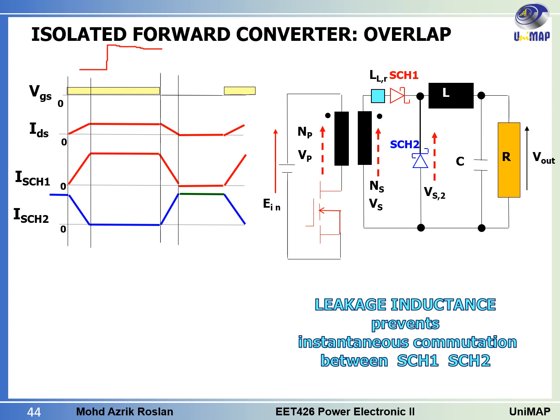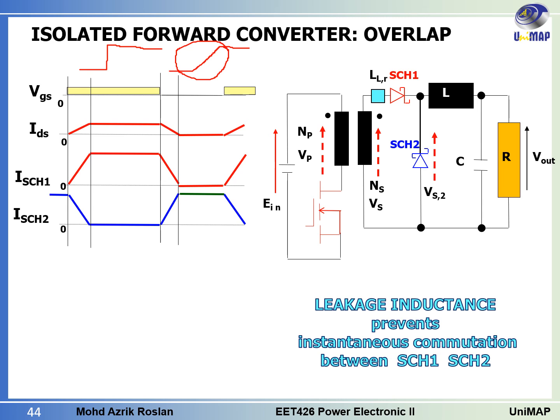But due to the inductance, the characteristic of inductance is it will oppose the flow of current. So what will happen is the current will go like this. Okay, instead of directly reaching the second value, it will slowly reach the second level of current. So this is the effect of leakage inductance.